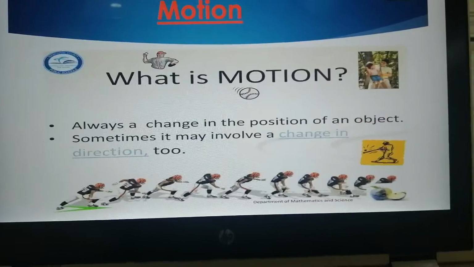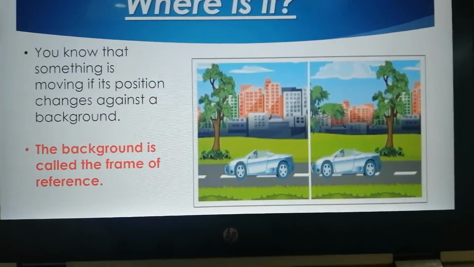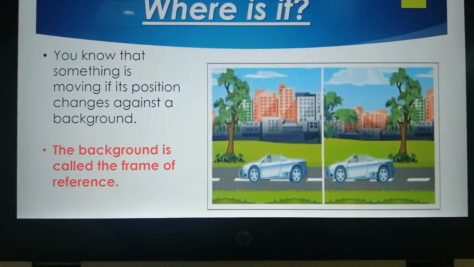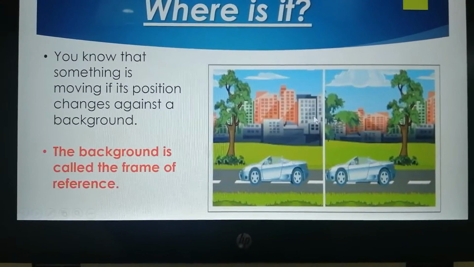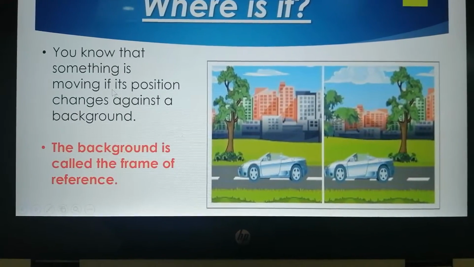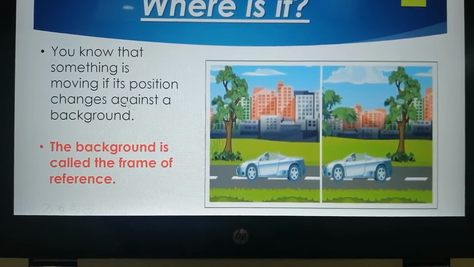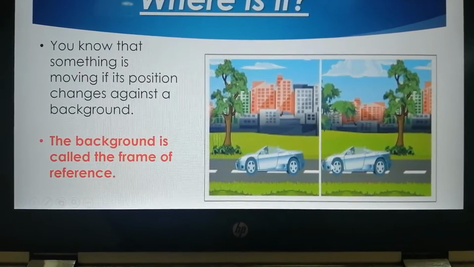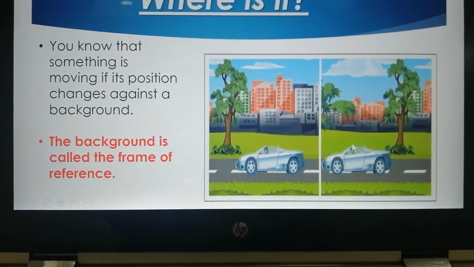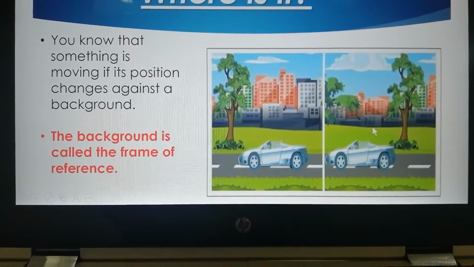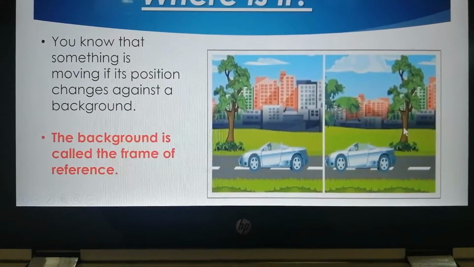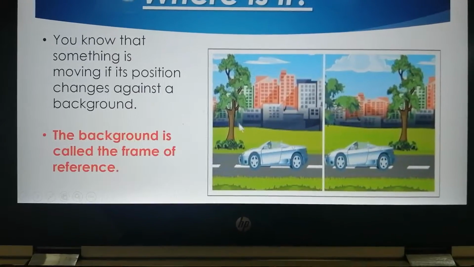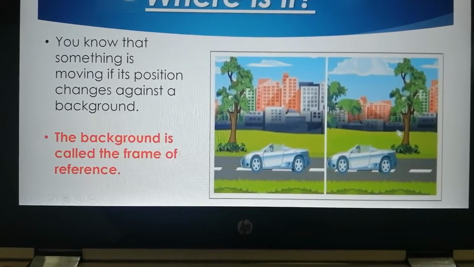Okay, so today we will talk about more details. You know that something is moving if its position changes against a background. How did we know that this car is moving? When we look here at the picture, at first it was before the tree, and then now the tree is behind the car.